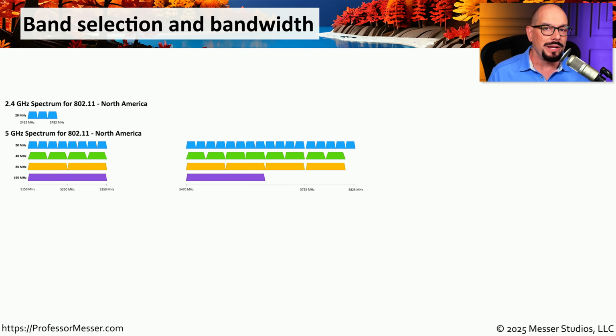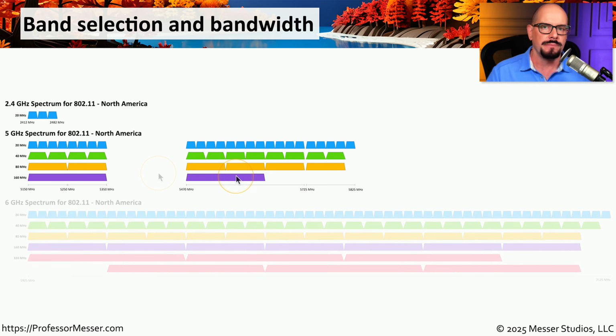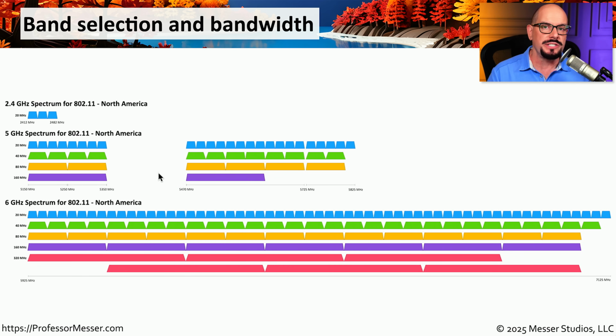You can see now why we expanded into the 5 gigahertz range, where you have many more frequencies available, not only in 20 megahertz bandwidths, but if you wanted to use even more bandwidth on that network to increase your throughput, you could have 40 megahertz, 80 megahertz, or 160 megahertz in the 5 gigahertz spectrum. And when you look at 6 gigahertz, you can see that you have much more spectrum to work with, many more frequencies available that allow you a lot of different bandwidths across the 6 gigahertz range.